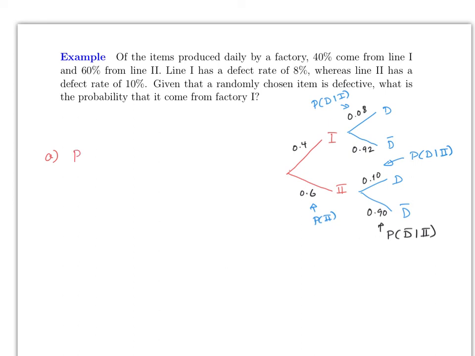So the question is asking the following: what's the probability that if the chosen item is defective, so now you know the item is defective, that it came from factory 1. So therefore this will be the probability that the item is defective and came from factory 1 divided by the probability that it is defective. Now the top is going to be equal to the probability that it came from factory 1 times the probability that it is defective given that it came from factory 1. And the bottom, we already did in the previous section.